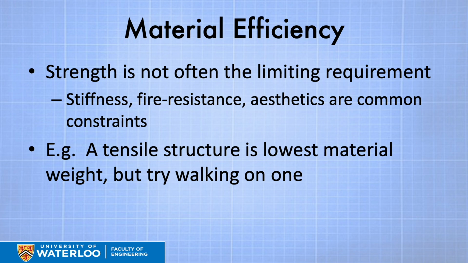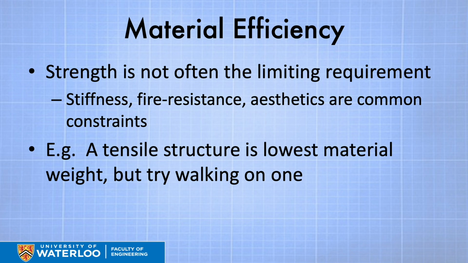And one example of the importance of things like deflection is that a tensile structure, such as a tent, is without a doubt the least material that one could use if you measure the material based on, say, kilograms per square meter. But try walking on a floor made of tent material.